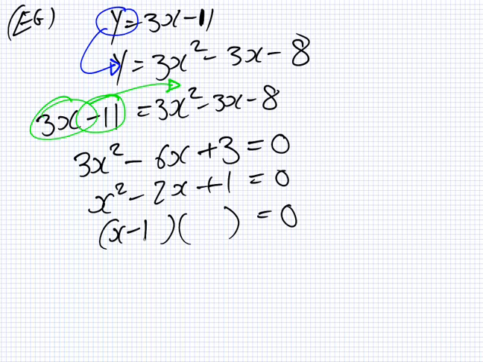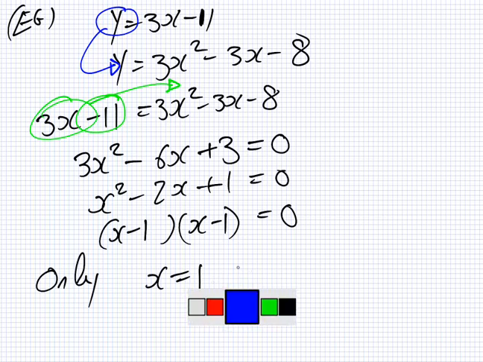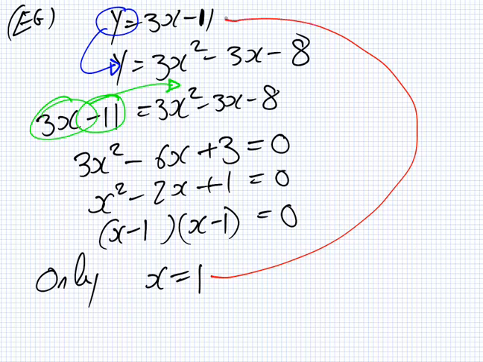Okay, let's do this one here. For example, y equals 3x minus 11 and y equals 3x squared minus 3x minus 8. Okay, so again this is already as the y, so we can sub it in.